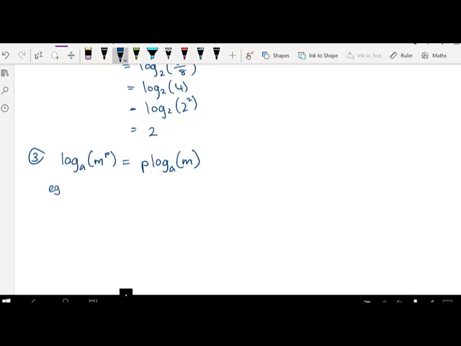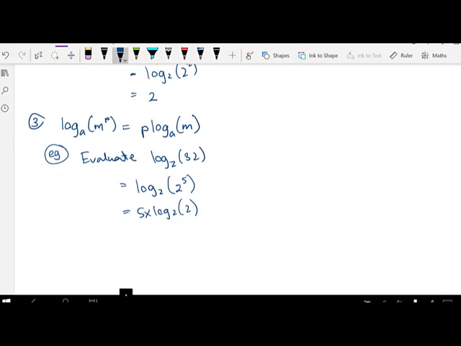A simple example here is we want to evaluate log base 2 of 32. If we write this as log base 2 of 2 to the power of 5, then this is 5 times log base 2 of 2, and log base 2 of 2 is equal to 1, so it's 5 times 1, or just 5.